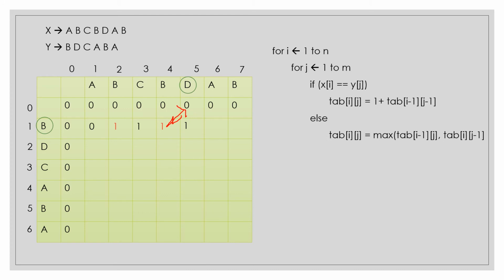So moving forward, again different characters, so again taking the maximum and appending 1. Moving forward, you can see both of these characters are similar, so we'll take the diagonal element and add one to it. So we will get one here like so.